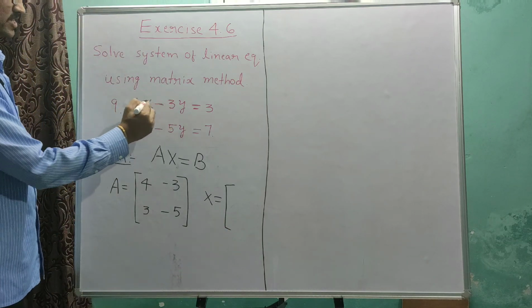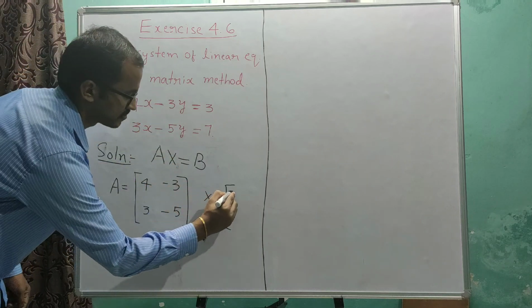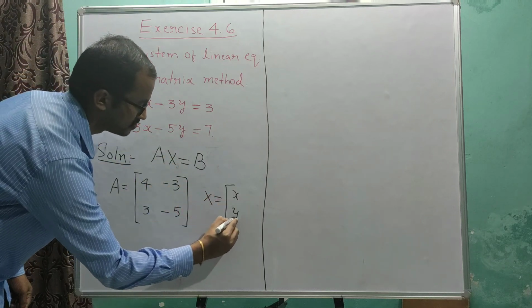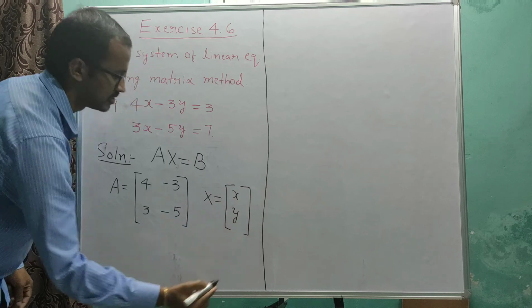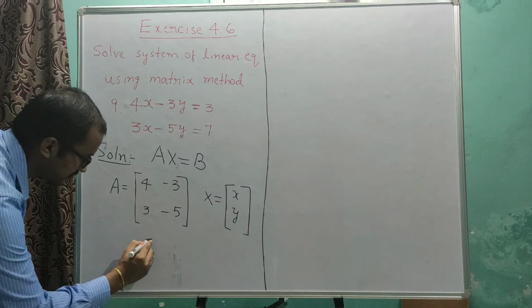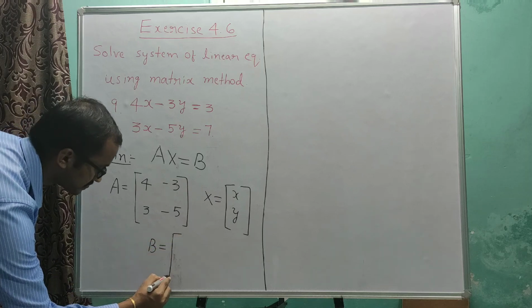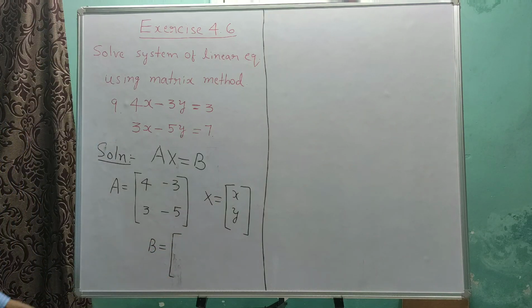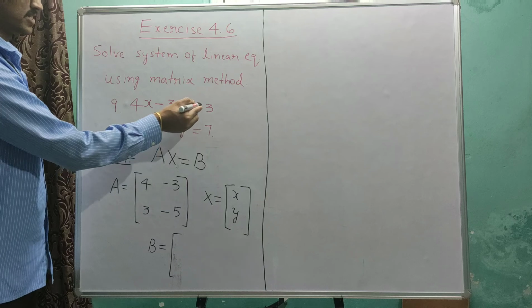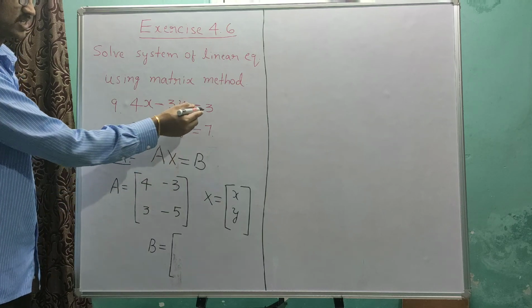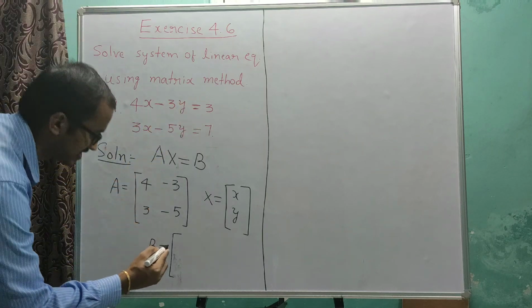Here the variables are x and y. And B is again a column matrix containing the constants on the right hand side of the equations, that is 3 and 7.